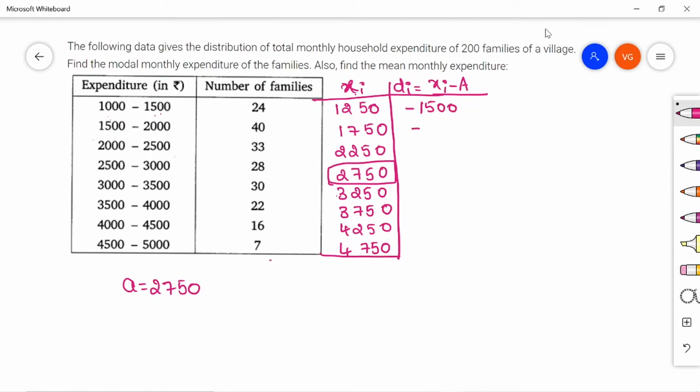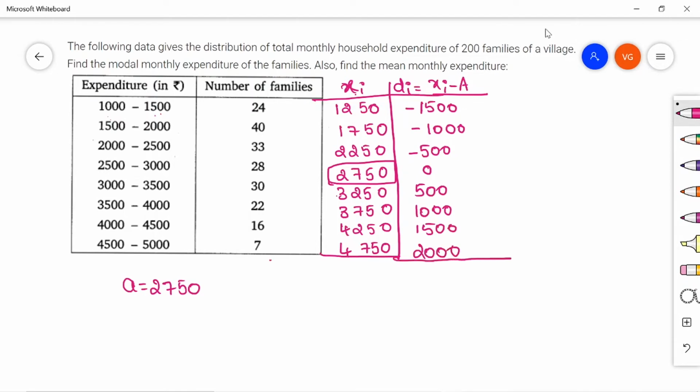Next is minus 1000. Then this will be 2250 minus 2750, minus 500. 0. Then 500, 1000, 1500 and 2000.